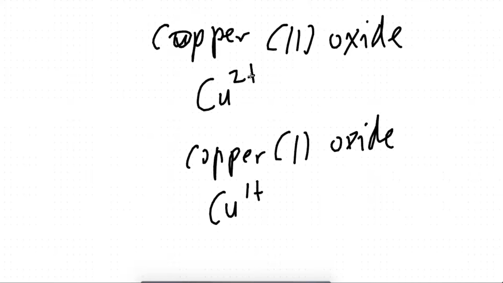Yes, I'm going to read this out to you, guys. Transition elements are present from group 3 to group 12 of the periodic table. Some of the properties are as follows.